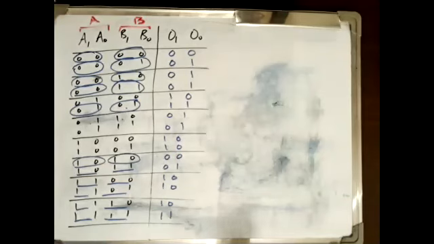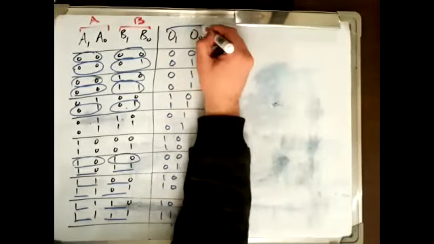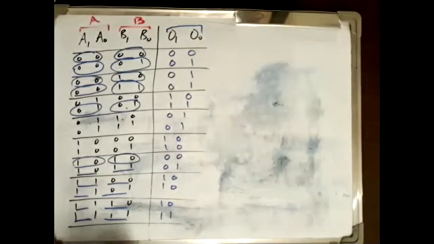So basically, we have the truth table, and now we need to keep in mind that we have 2 outputs. So we need to simplify 2 functions.